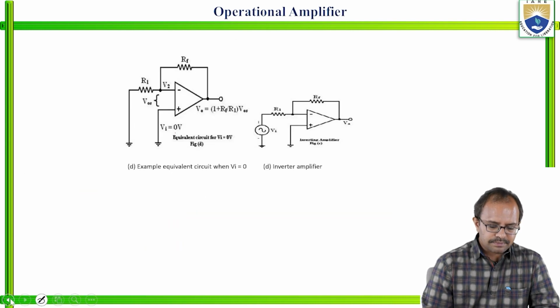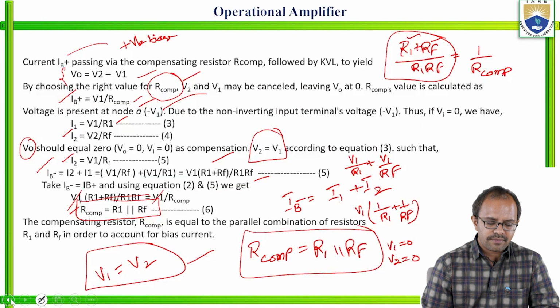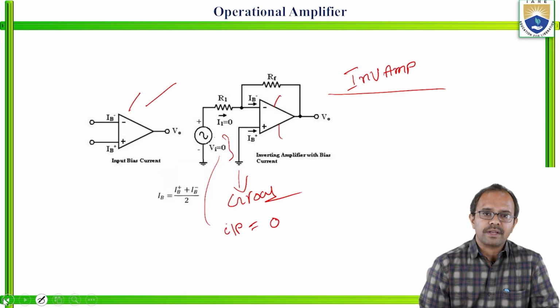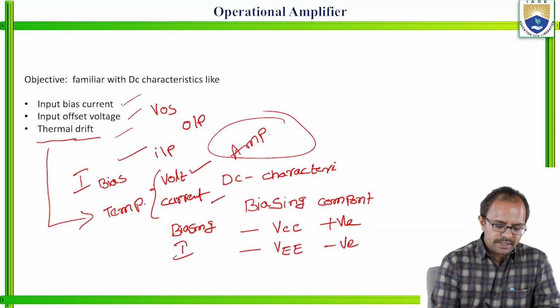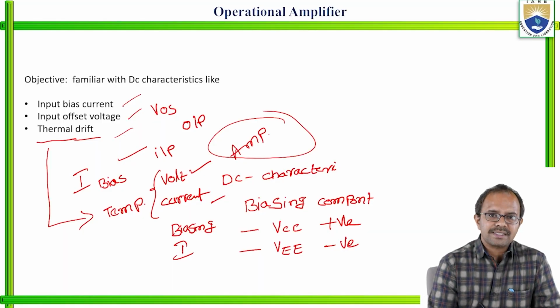So these are the DC characteristics of different operational amplifiers. The key focus is on input bias currents as well as the offset voltages. So bias currents are nothing but IB plus and IB minus, and offset voltage is nothing but VOS.